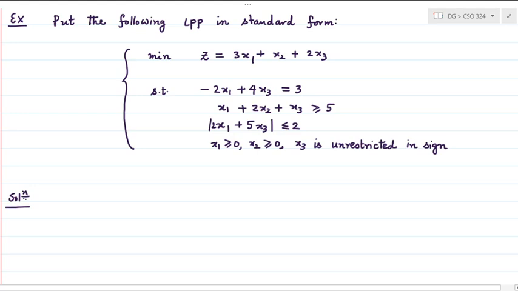As well, these restrictions are also to be in equality form. The first restriction is okay, since it is already in the equality form we wanted. So let me write the first restriction as it is: minus 2x1 plus 4x3 is equal to 3.